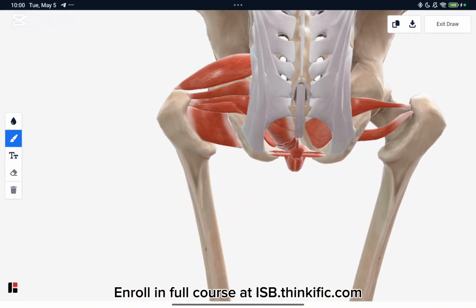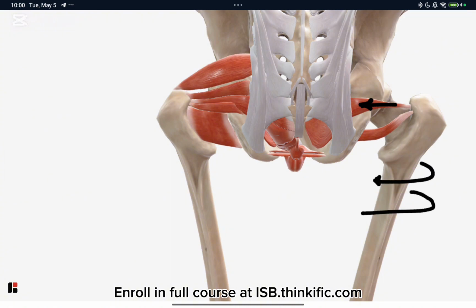When the muscle contracts, the line of pull is here with this arrow. So the femur tends to rotate outwards because we are looking from behind now. So it rotates in this direction, which is outwards. So lateral rotation, especially when the hip joint is extended.